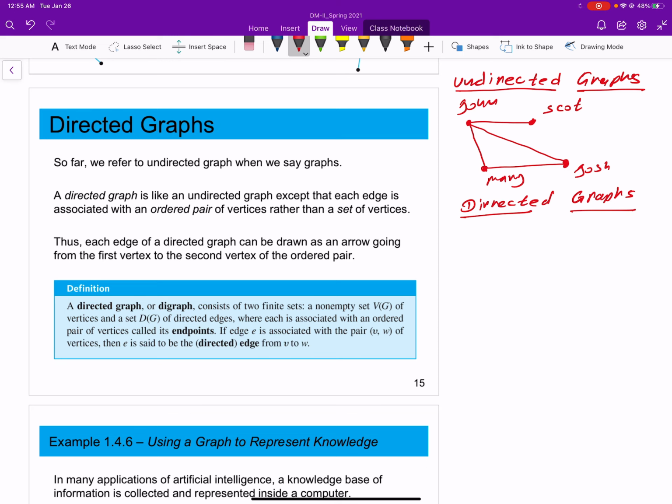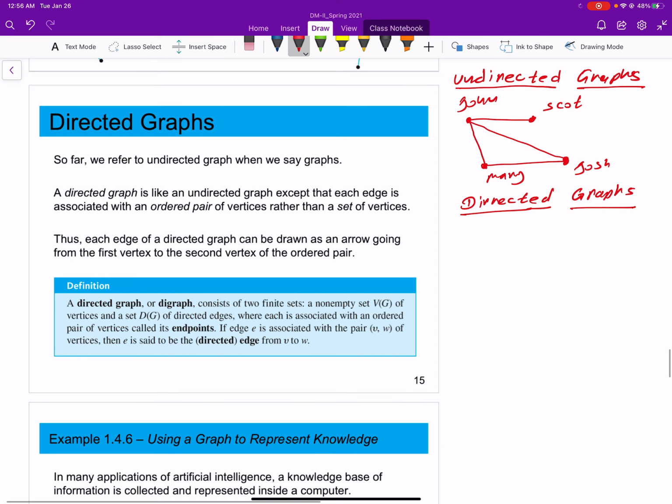In directed graphs, actually, there should be arrows. So here, there, there, there. Let's say John, Scott, and then Josh, Mary.